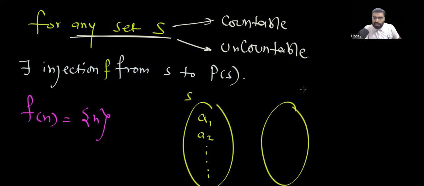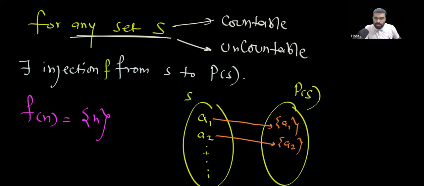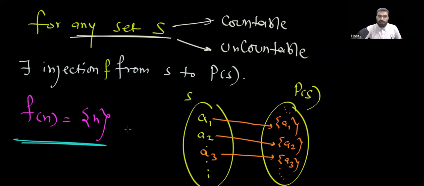Then this is your power set of S. A1 goes to the set containing A1, A2 goes to the set containing A2, A3 goes to the set containing A3, and so on. So you can see this is an injective function, for all N. F of N equal to the set containing N is an injective function. You can easily notice.